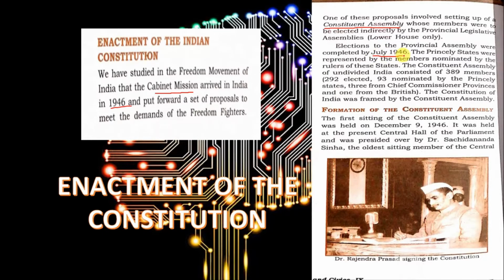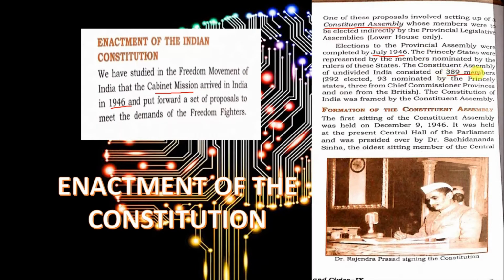These dates are very important. The princely states were represented by members nominated by the rulers of the states. You know that in undivided India there were many princely states, and the kings of these princely states chose some people, and these people represented their states. The Constituent Assembly of undivided India consisted of 389 members.